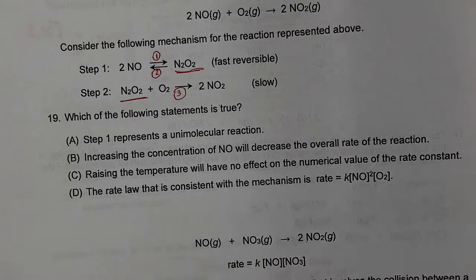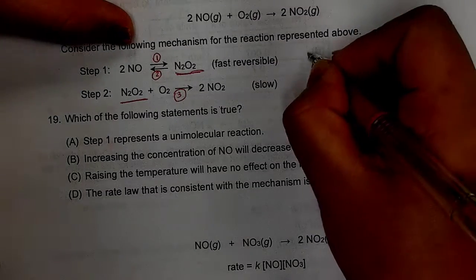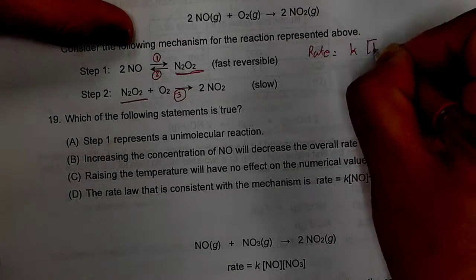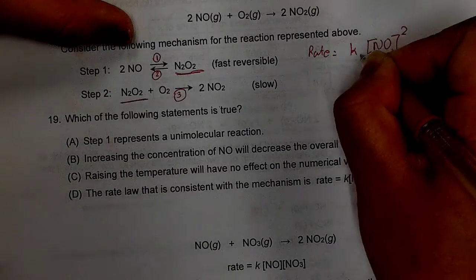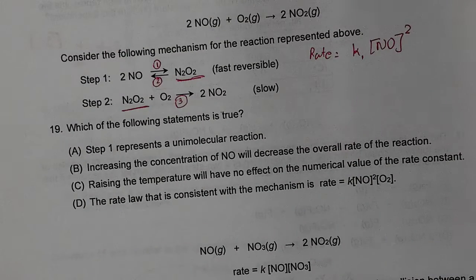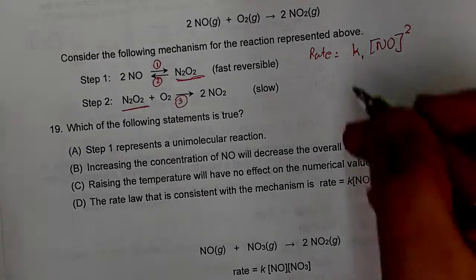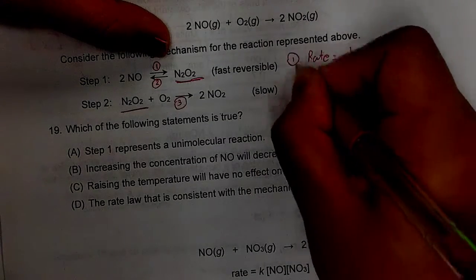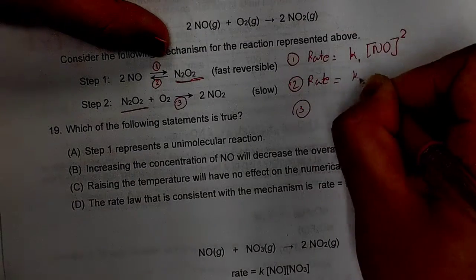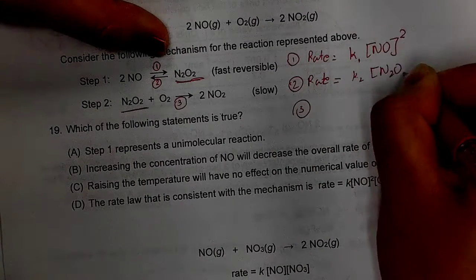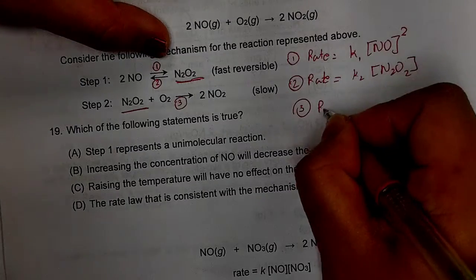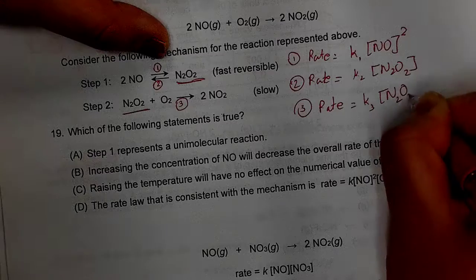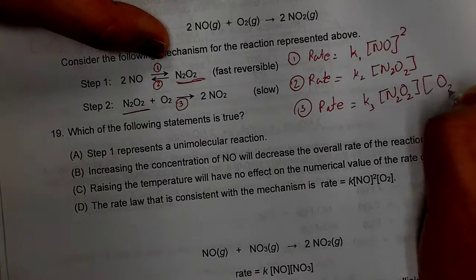Okay, I'm going to write the rate law for each one. So for 1, it's going to look like this. Rate is equal to K times NO squared. Let's just say K1. Make sense? And then the other direction is rate is equal to K2 times N2O2. The third step is rate is equal to K3 times N2O2 times O2.